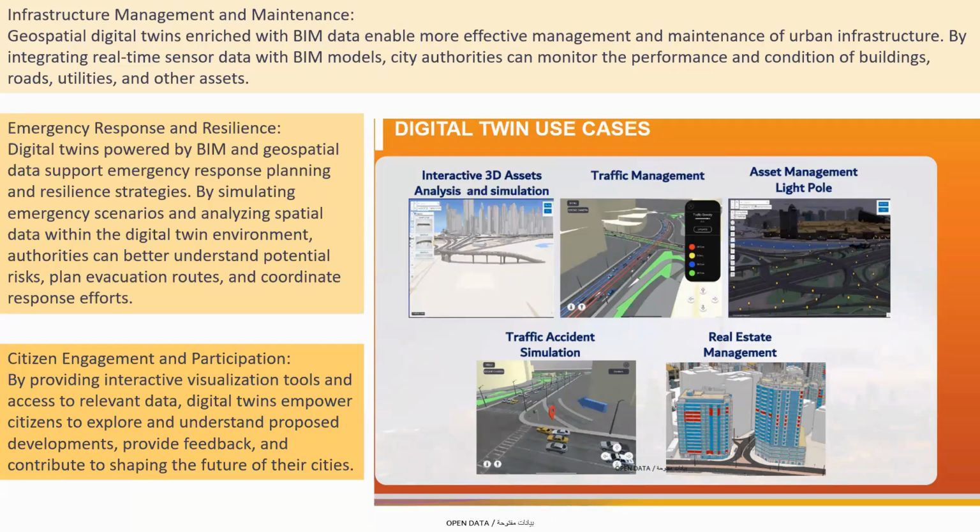You can do traffic management in case of congestion, plan other roads, etc. And you can do asset management, such as knowing where the light poles are, and traffic index simulation. On the digital twin, you can do any kind of spatial analysis and also automate it, so the information is reflected directly to the decision makers.